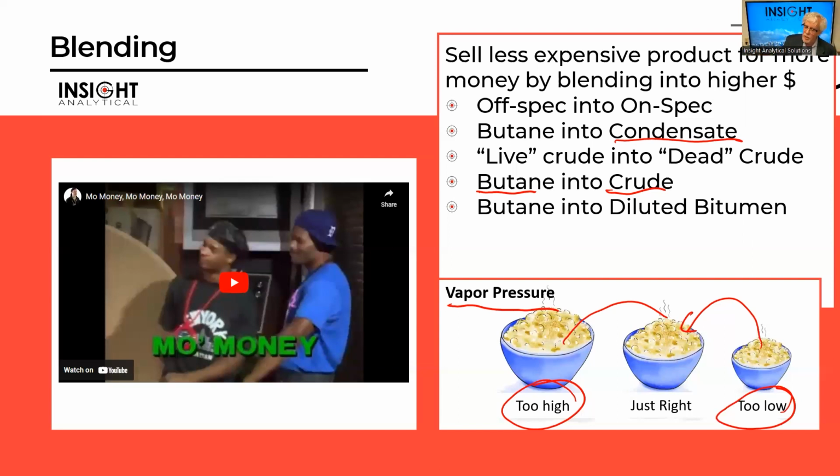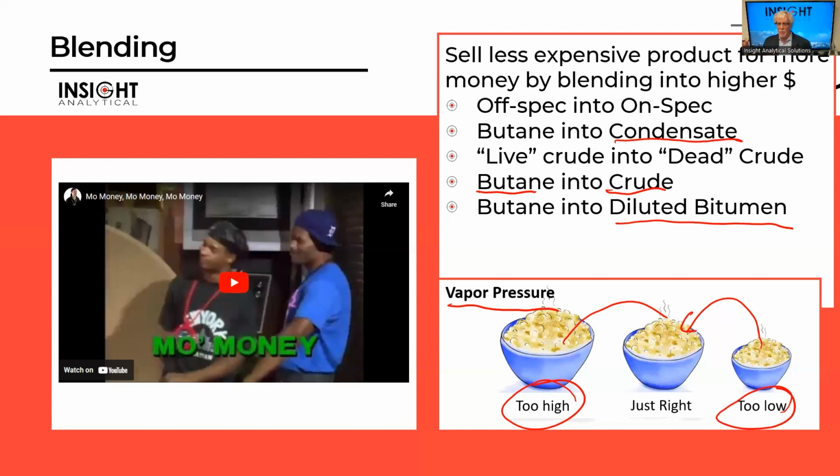And the same thing when we're looking at things like diluted bitumens. In Canada here, we produce a lot of bitumens from the oil sands. That bitumen, to be able to be transported down the pipeline, has to have a diluent added to it so it's not so viscous. Undiluted bitumen can have the consistency of peanut butter.